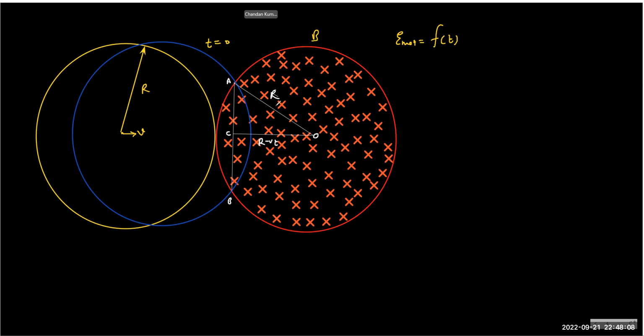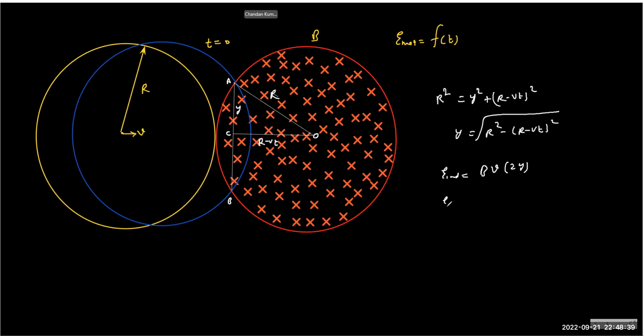Why are you trying to find it using something else? So R square equals to, that's it. So what is y? So the induced EMF is B, V, and L is 2y. That's it.